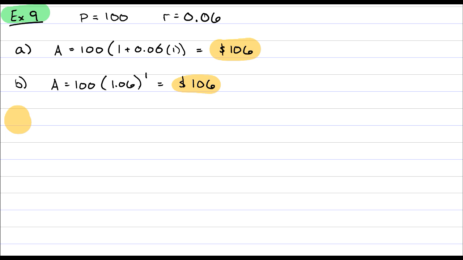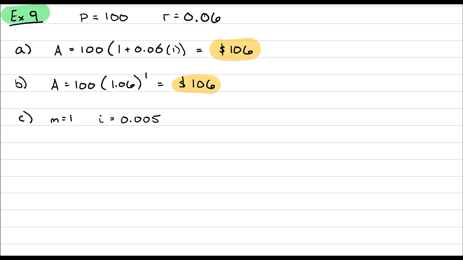So now let's see what happens if we compound monthly. Okay, so if we use monthly compounding, my monthly interest rate is going to be 0.06 divided by 12. That's going to be 0.005.